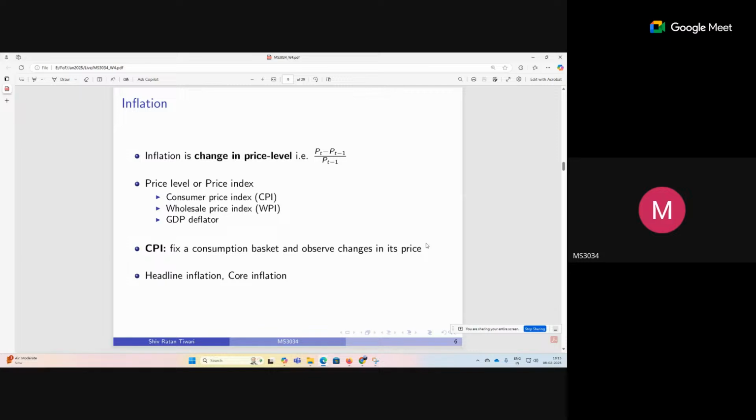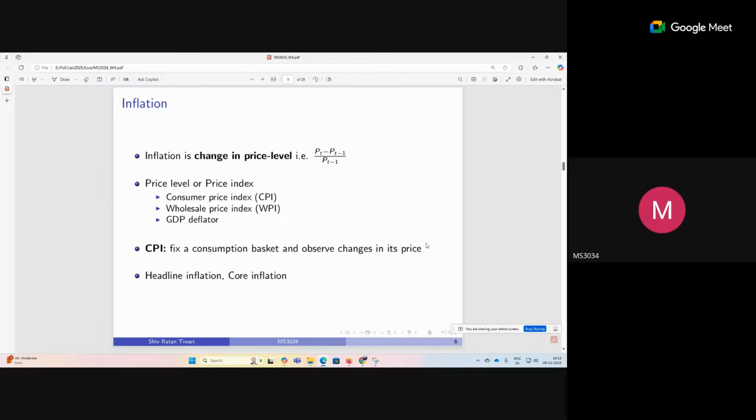For the wholesale price index, we take the prices of the goods which are sold in the wholesale market and constitute our index. And the GDP deflator, which we will see later, accounts for all the goods in the economy by taking overall GDP into account.